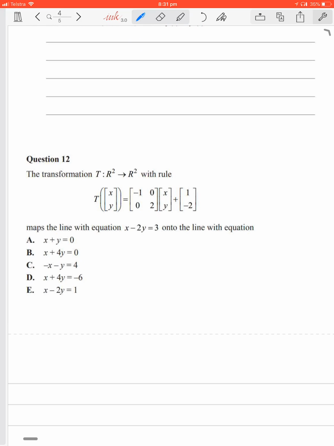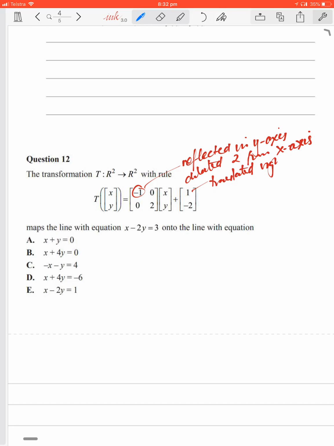Okay, last one. The transformation T such that R squared to R squared, which just means x and y values from the real number set. Okay, this is a reflection in the y-axis, dilated by a factor of 2 from the x-axis, translated right 1 and down 2.